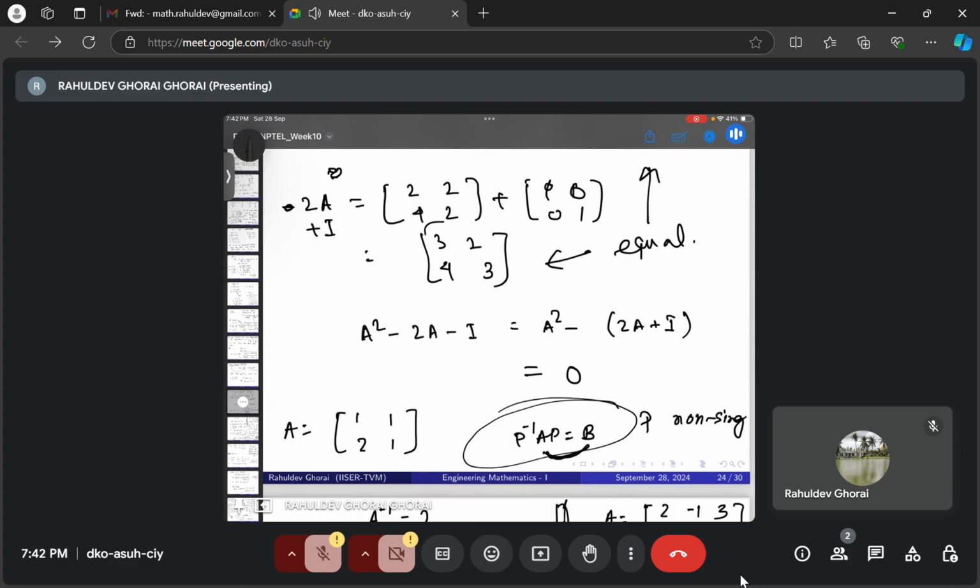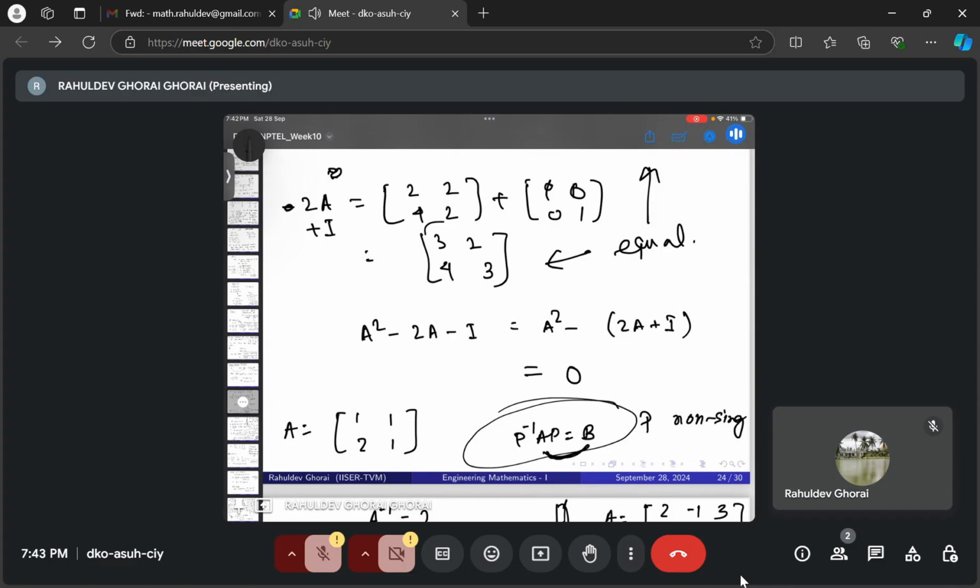There are some theorems, like if you have a Hermitian matrix, the eigenvalues of the Hermitian matrix will always be real. So that you remember.